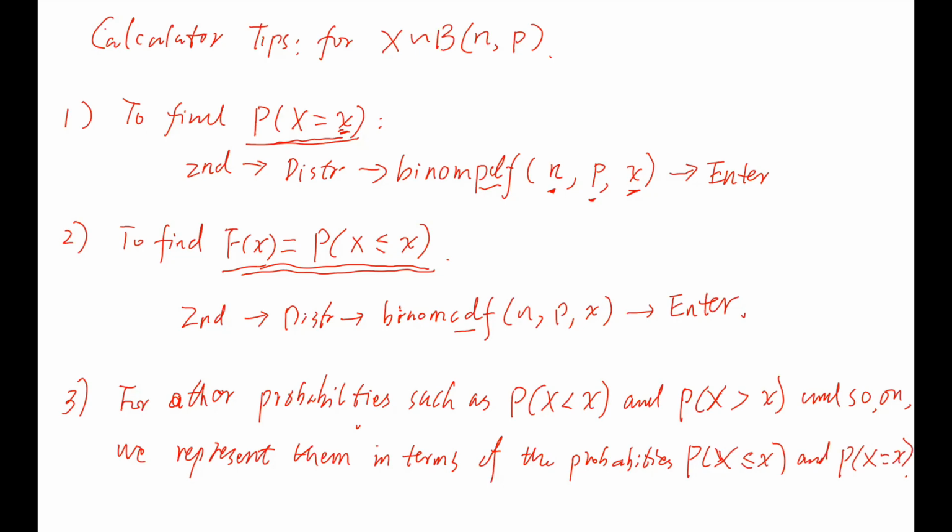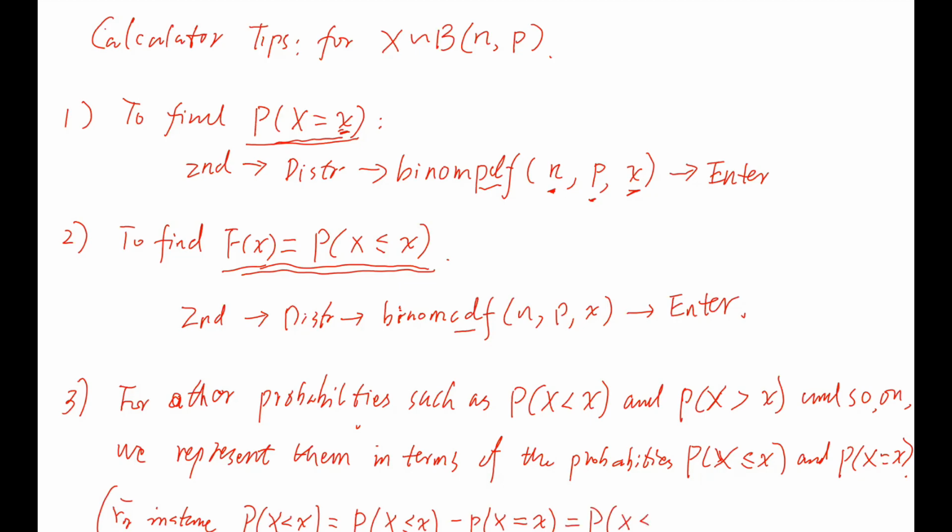So for instance, I just give an example. The probability of X strictly less than x equals what? If x is an integer, it is X less or equal than x minus the probability of X equals x.